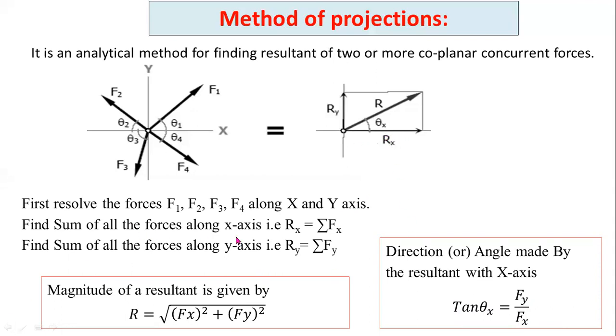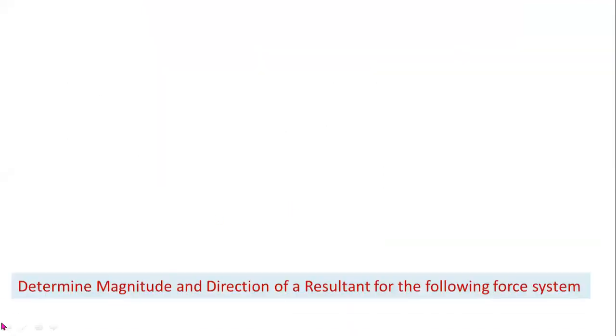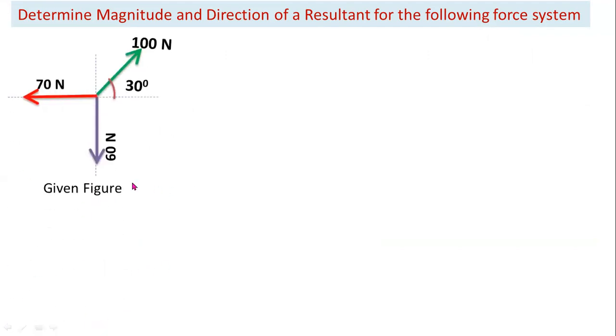Now I am going to explain some simple problems on the method of projections. This is the given diagram. Here, three forces are acting at a common point. That means these three forces lie in a single plane and meet at a common point.